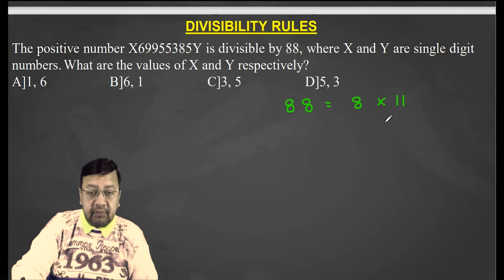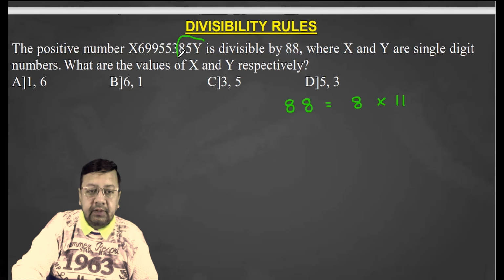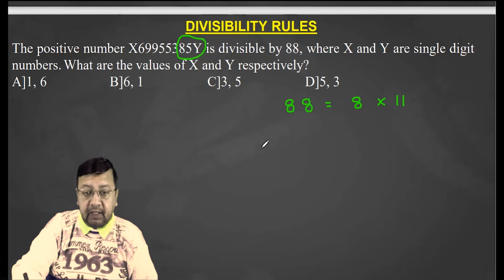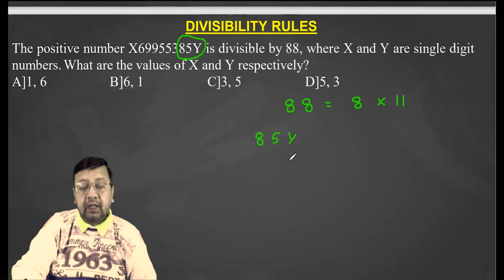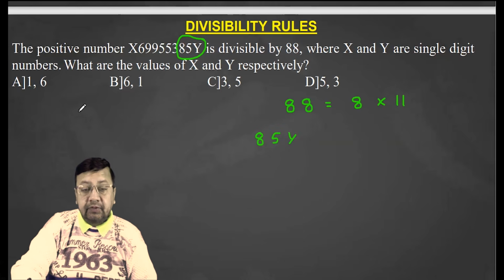So for this number, when you're checking the divisibility of 8, start with the last three digits, 8, 5, y. And you have the options, so the best way is to start with the options.